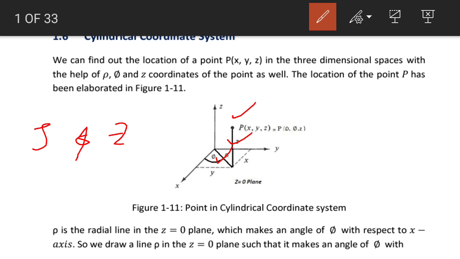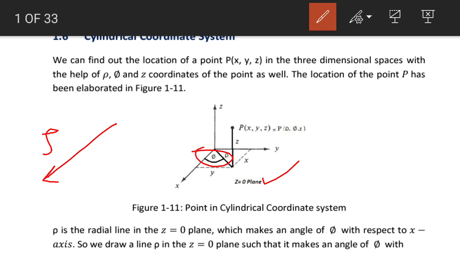As far as the location of rho in the z is equal to 0 plane is concerned, it depends upon this angle which is represented by phi. So if phi is 0, rho will be along the x-axis. If phi is 90 degree, rho will be along the y-axis, and so on.